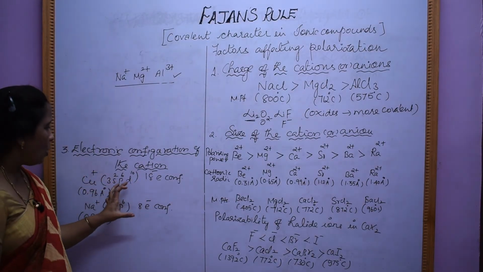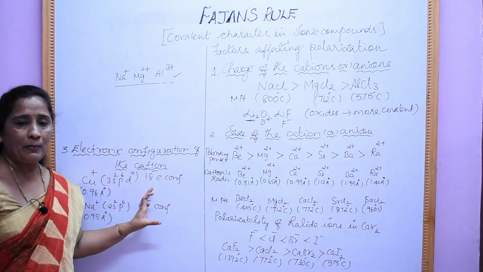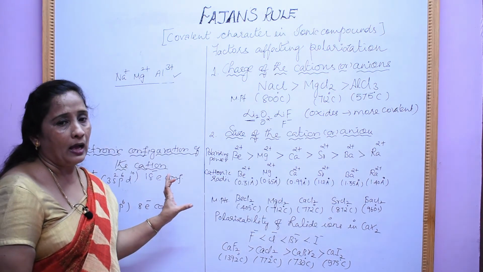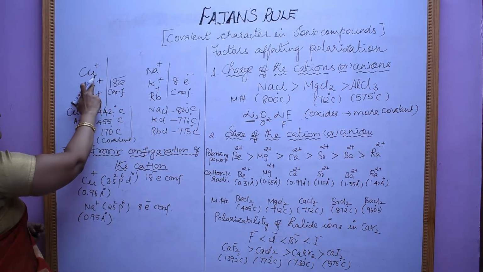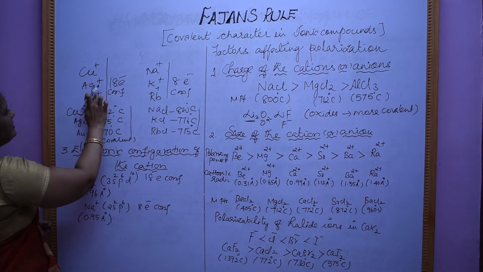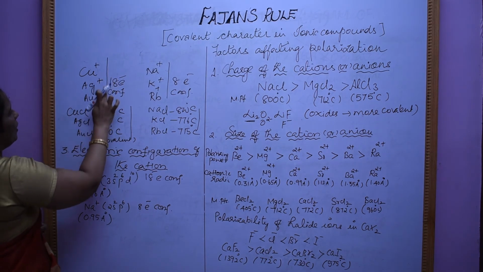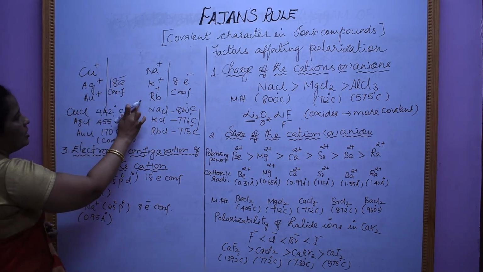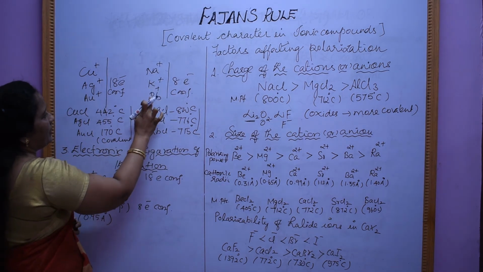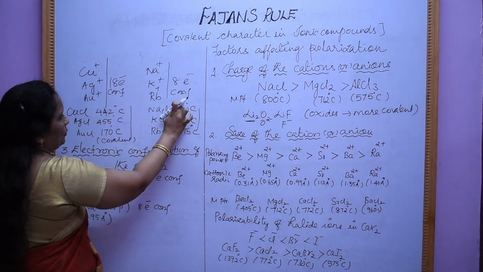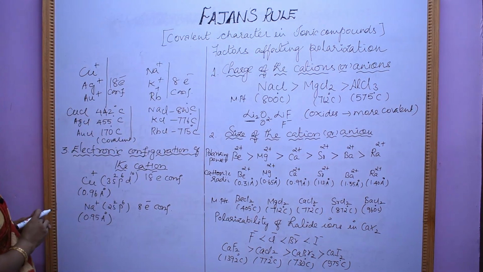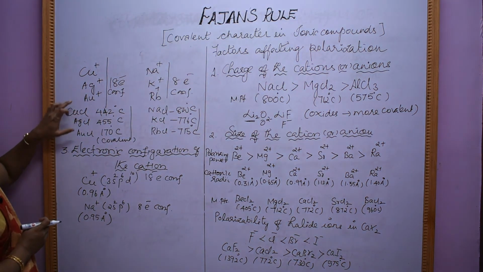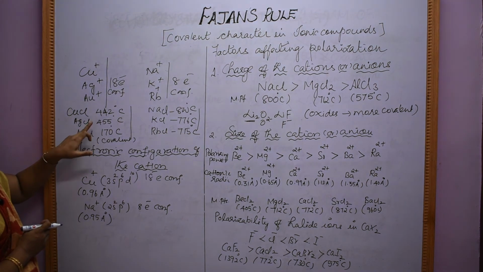So let us find out the reason for that and the melting points corresponding to these halides. See here the metal cations Cu plus, Ag plus and Au plus all have 18 electron configuration, whereas Na plus, K plus and Rb plus have 8 electron configuration. When you see the melting points of the corresponding halides, CuCl is 442, AgCl is 455, and the gold compound 170.